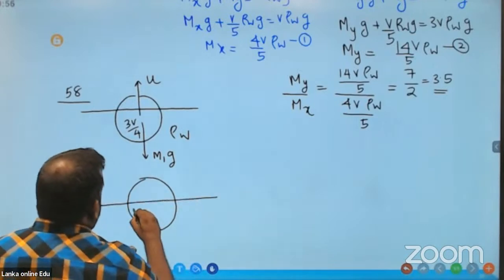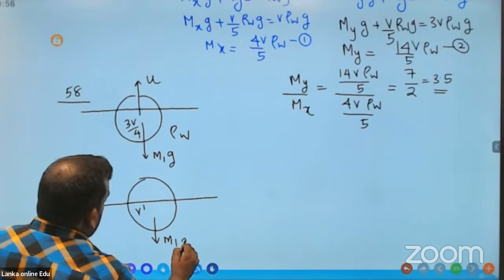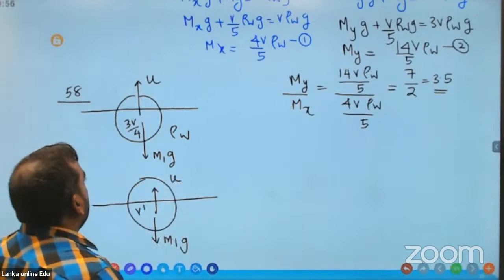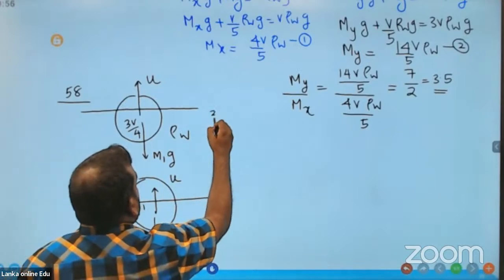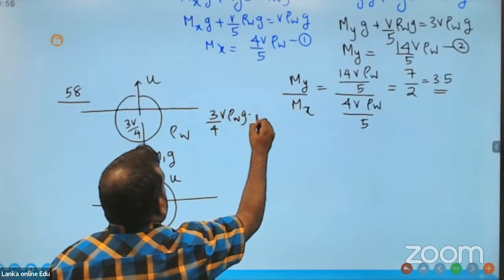So let's find V dash here. Same weight, the same upthrust actually. If I submerge 3/4 the volume, rho Wg equals m1g.